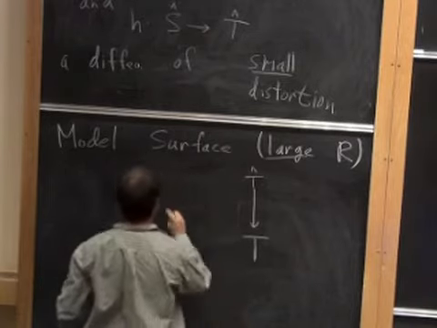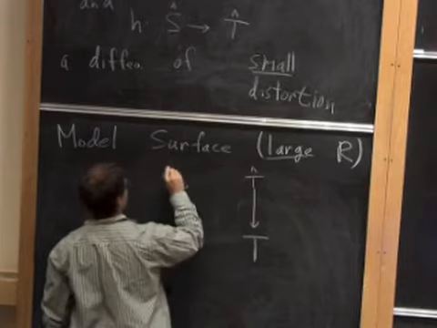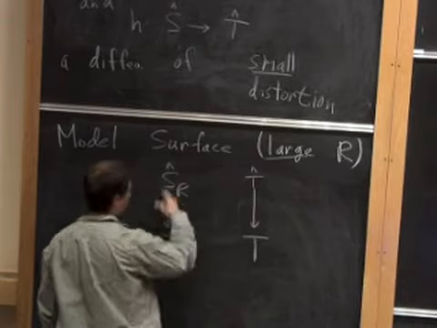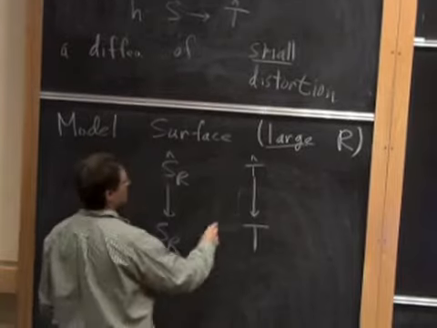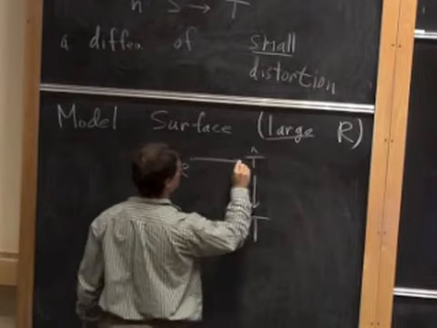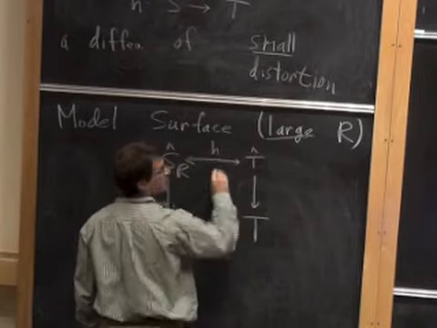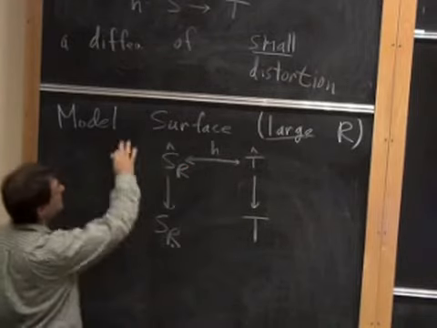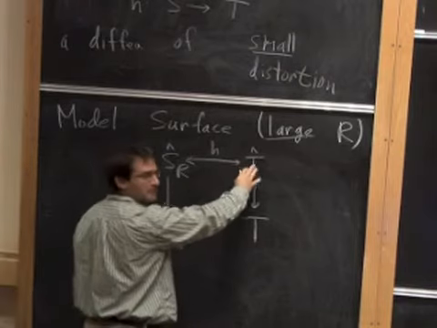There's going to be a finite cover of the model surface, and then a finite cover of our given surface T, and then this homeomorphism between them. Okay, this small distortion diffeomorphism.